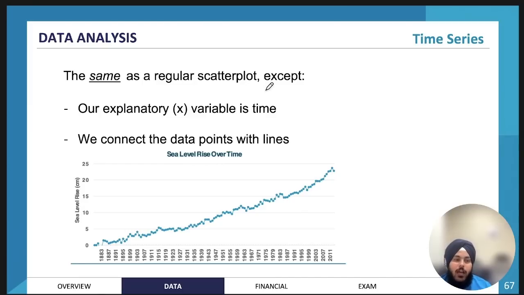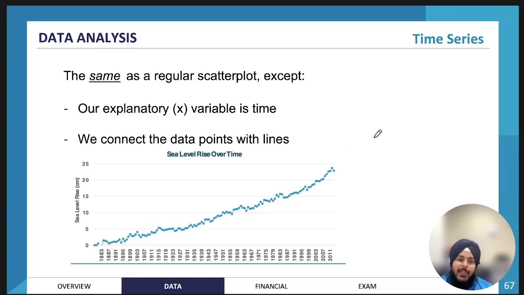Okay, so now we'll move on to time series. Time series are the same as a regular scatter plot, except there is only one explanatory variable, and that is time. The response variable is usually whatever we're measuring. For example, in this case, it's the sea level rise. What the time series is really good for is estimating the trend of a certain value over a long period of time.